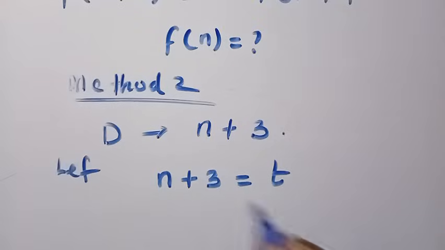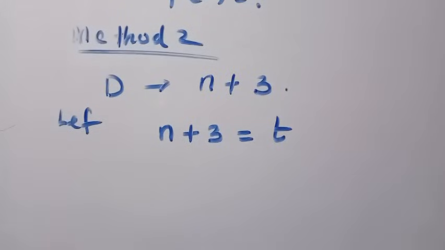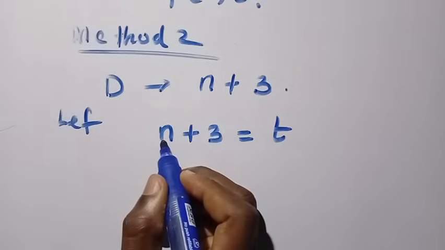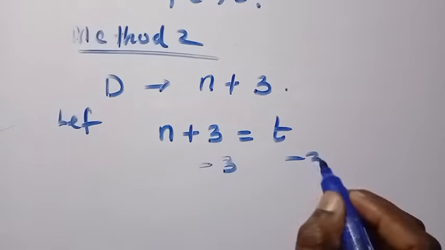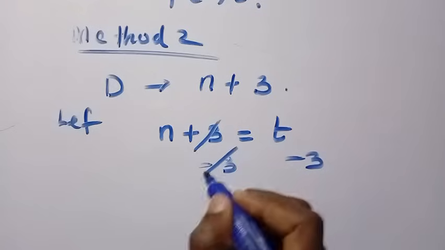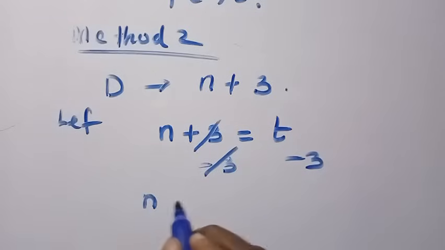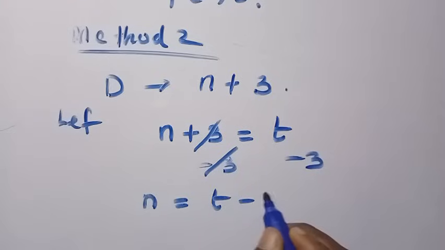If we make n plus 3 equal to t, then by making n the subject of the formula here, let's subtract 3 from both sides. So plus 3 minus 3 cancelled, and here we have n equals t minus 3.